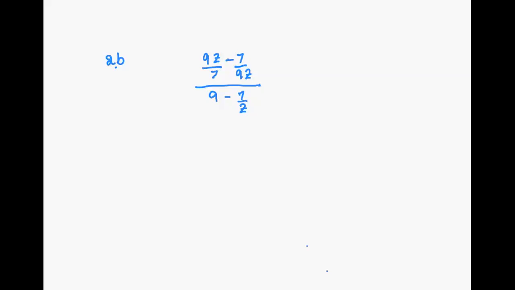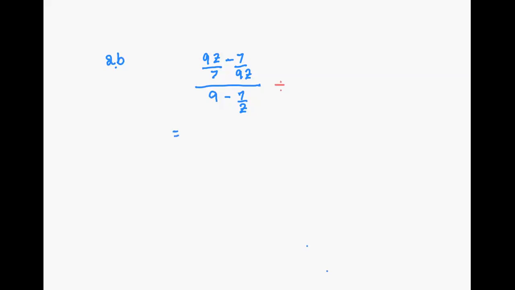Let's take a look at another problem involving a complex rational expression. We are going to simplify the quantity 9z over 7 minus 7 over 9z, divided by the quantity 9 minus 7 over z. We're going to start by identifying the numerator and denominator portions and rewriting it in another form.